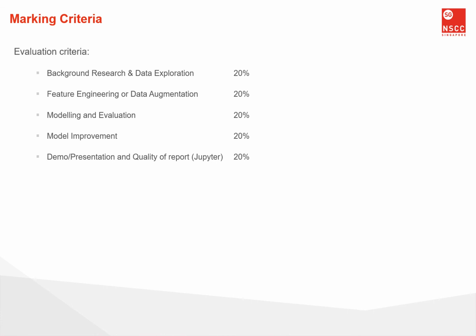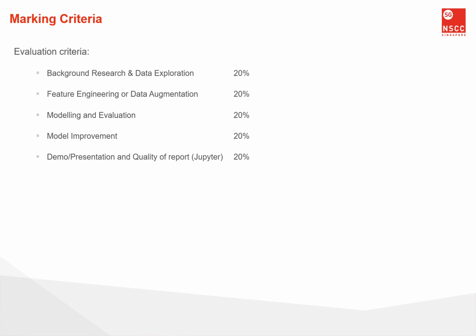And getting the features right: what are the key features that you want to use in order to get the best results? Do you need to do some data augmentation in order to improve the performance of the classifier? Do you need to do some image processing to make the images easier to discern? This kind of feature engineering is something which you should consider.